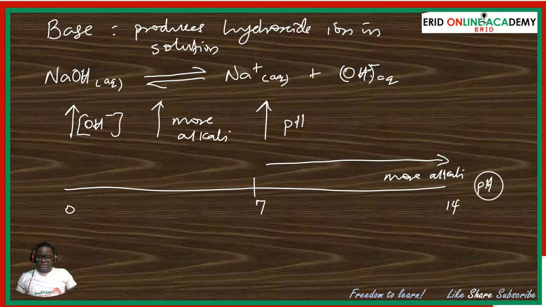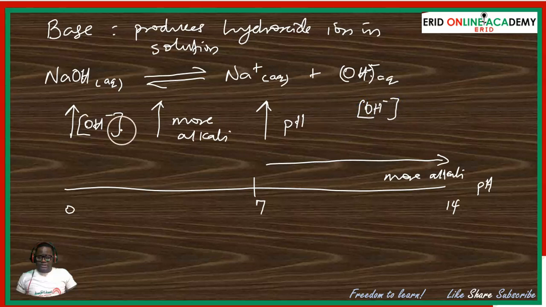That simply means the pH is getting higher. A substance is alkaline because it can dissolve in water to produce hydroxide ion. So the extent of solubility is justified by the amount of hydroxide ion in solution, which is known as the concentration of the hydroxide ion.